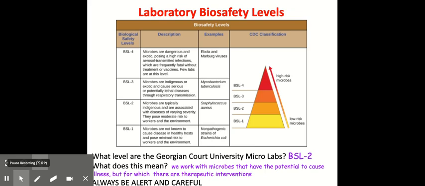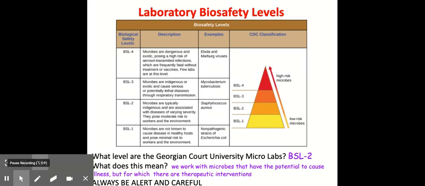Very few labs are actually at this level, but an example would be a lab studying Ebola. BSL 3 labs study microbes that can cause serious or potentially lethal diseases through respiratory transmission. An example of that would be a lab that studies tuberculosis. Labs that study coronavirus now also have to be BSL level 3 labs.